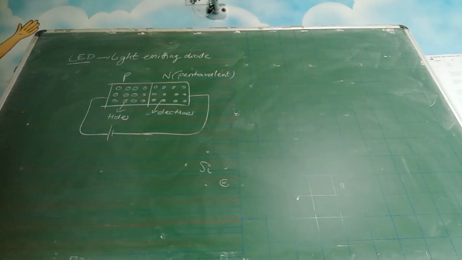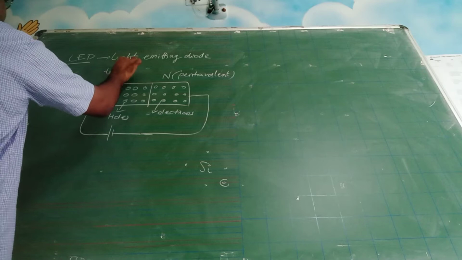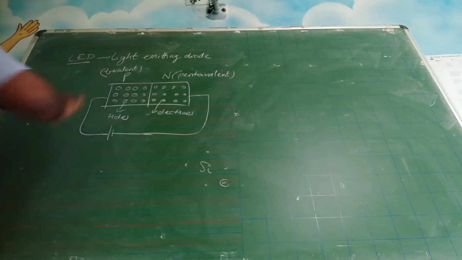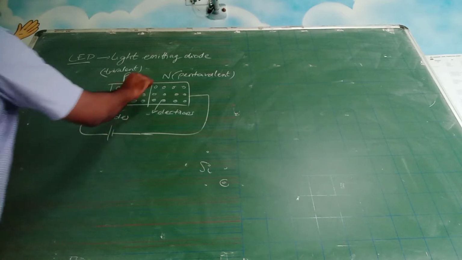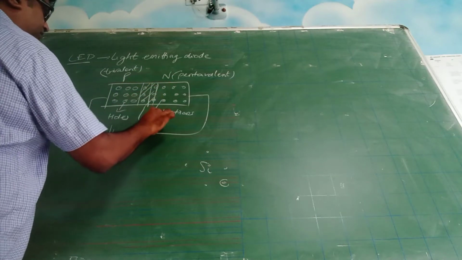So more number of atoms, more number of free electrons, and this is doped with trivalent elements. Okay. So in the previous classes we have discussed that in this region there is a depletion layer formation.